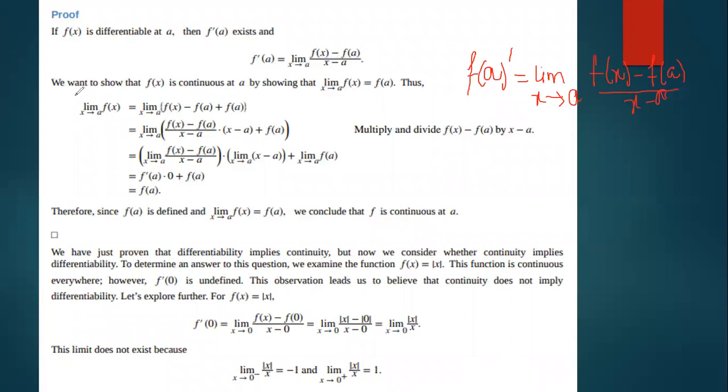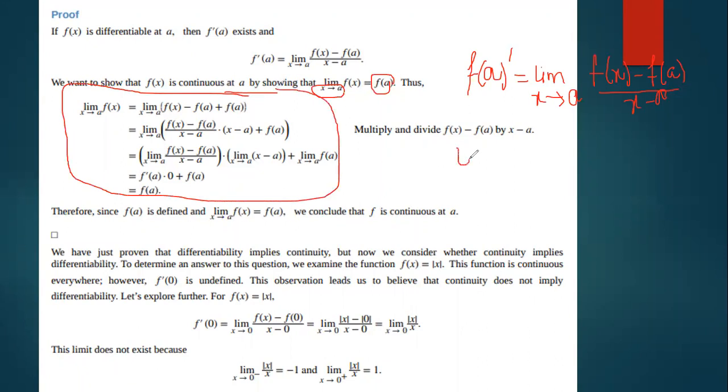We want to show that f of x is continuous at a, because this is the goal of my derivation: whether the function is continuous at a or not. So I apply the limit as x approaches a of f of x, and my answer should be f of a. This will be my ultimate goal, to find the value of this.